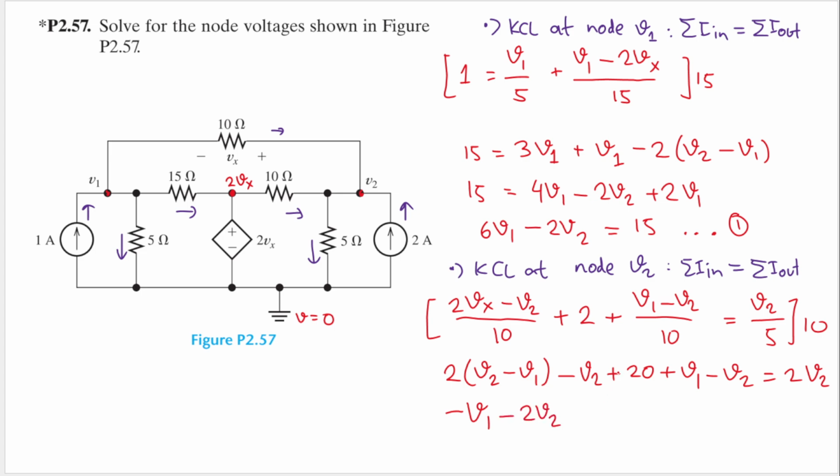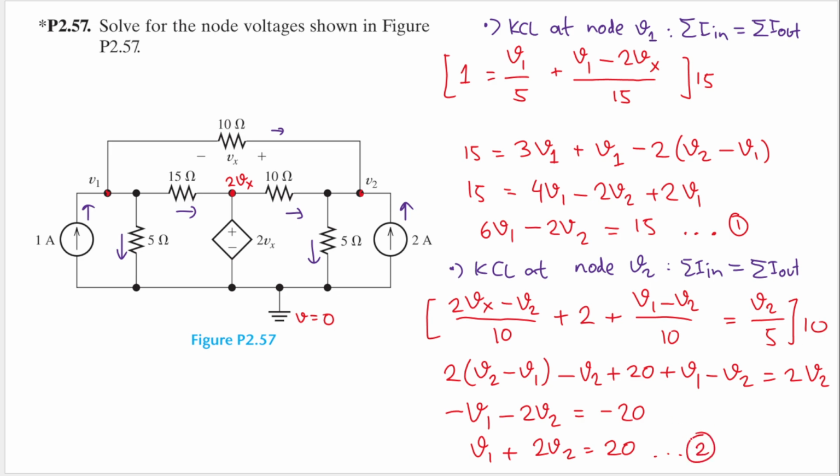Let's move this 20 to the right hand side, so I will have minus 20. Let's flip the sign. So I will have V1 plus 2V2 equal to 20. Let's save this as equation number 2.